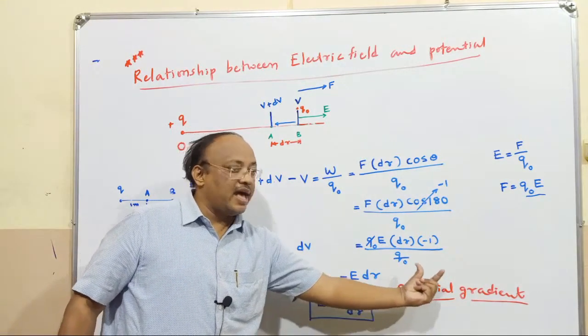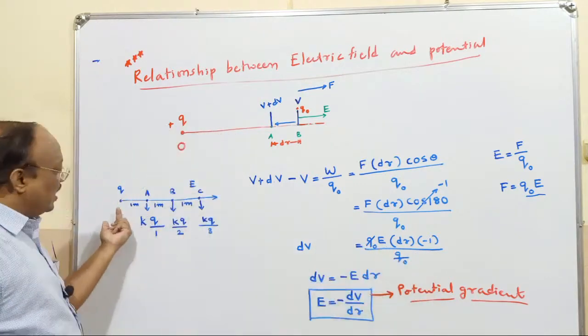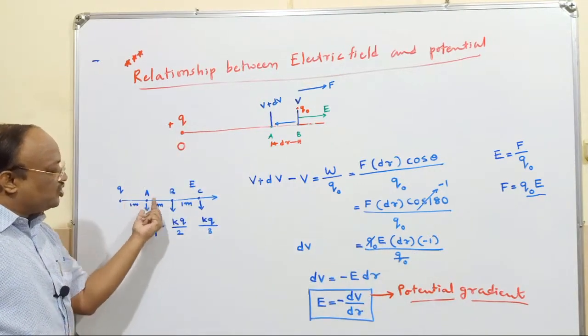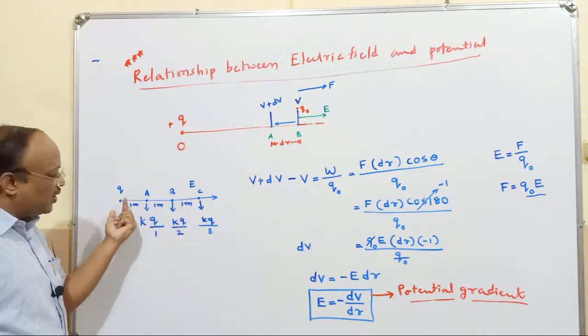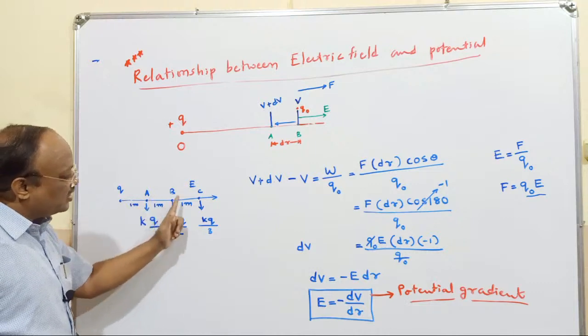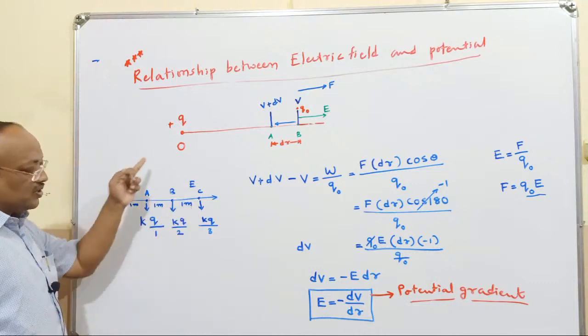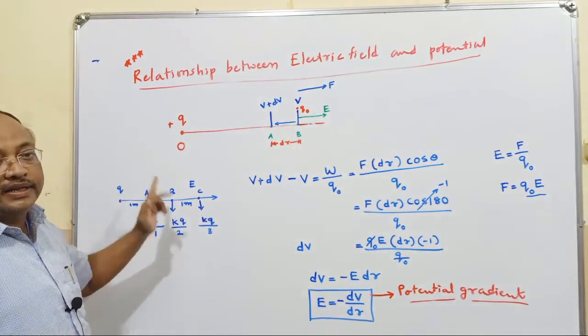We say it as potential gradient. How the potential is changing with respect to distance, that itself is potential gradient.